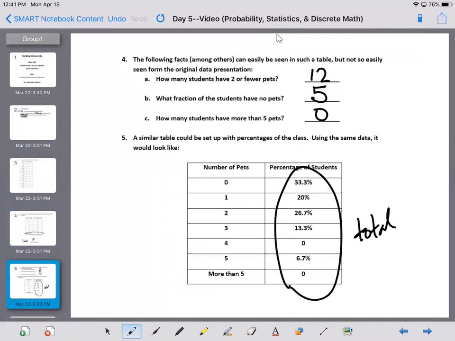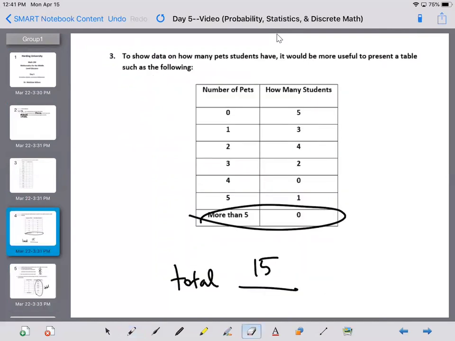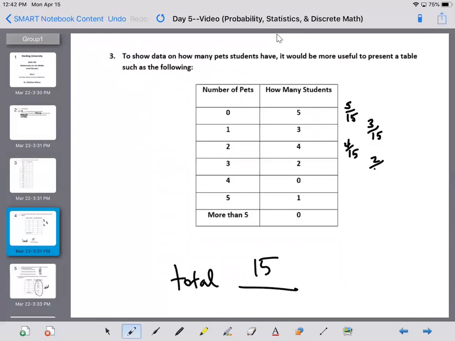Taking all of the values from this table right here, we could figure out percentages. 5 out of 15, 3 out of 15, 4 out of 15, 2 out of 15. This would be 0 out of 15, 1 out of 15, and 0 out of 15.